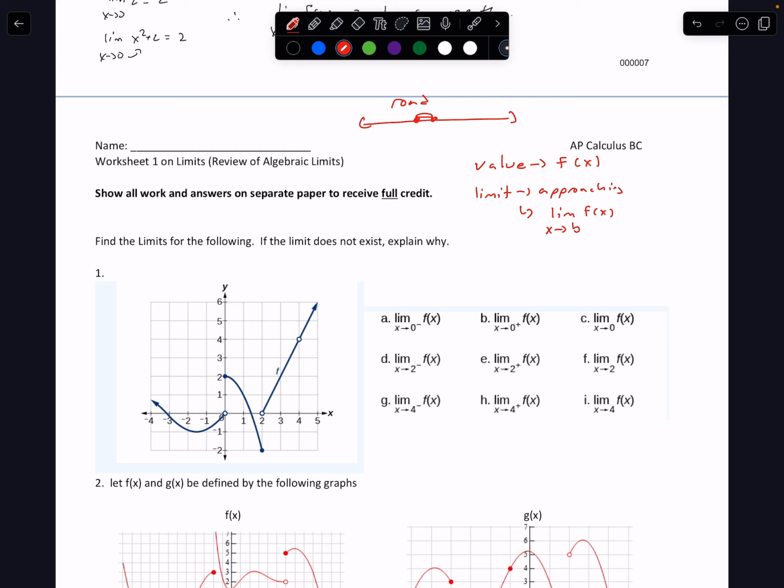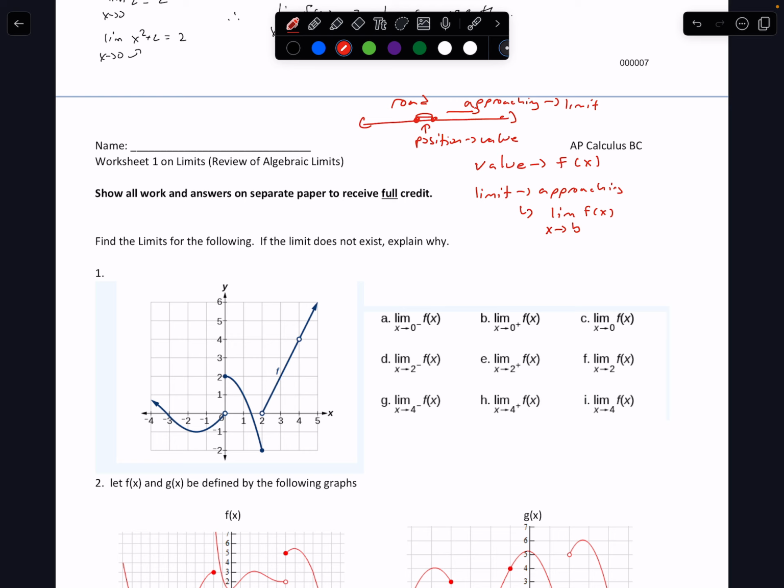Your position is the value. That's where you are located. But you're approaching a point, and that is your limit. What are we approaching? I'm approaching so-and-so's house. Like you tell your parents, I'm going out.